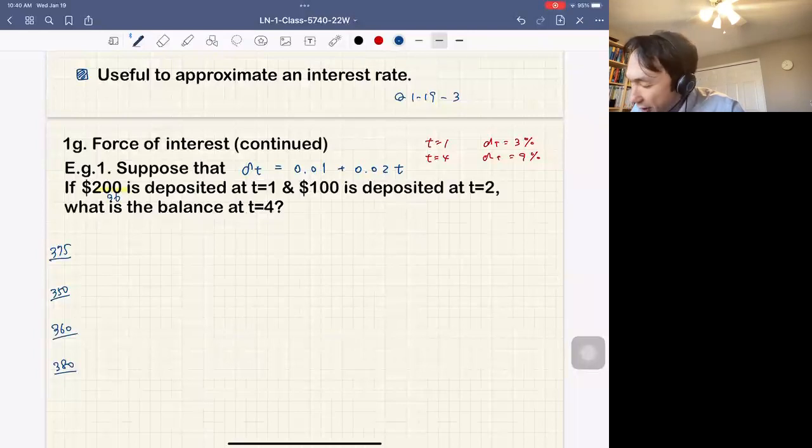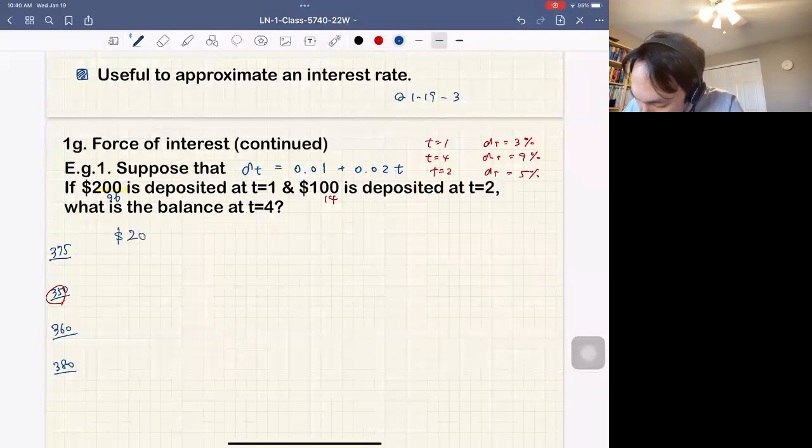And the $100 at t equal to 2: delta at t equal to 2 is 5%, so 5% to 9%, maybe on average 7%. 7% for 2 years is 14%, and the principal is $100, so 14. So my best guess is maybe 350, but this is just approximation. So maybe 360 is closest. That's possible. Okay, so we start calculating this.